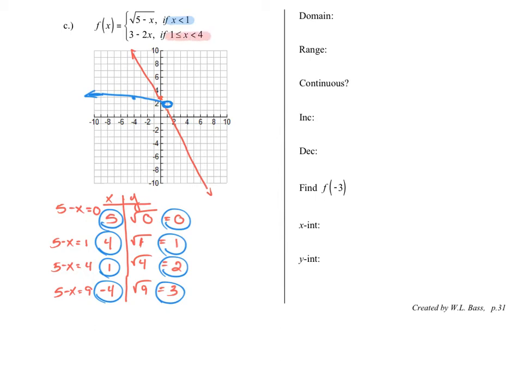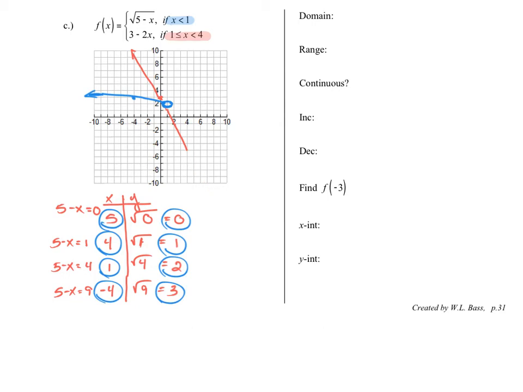And I only want the part of this line that is between x values of 1 and 4, which means I need to erase. So where my x value is 4, everything to the right of that needs to go away.